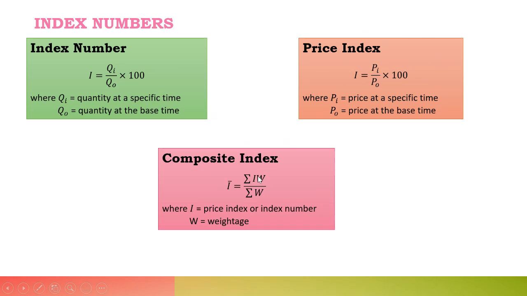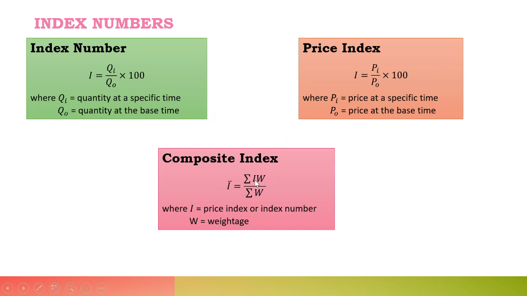And your weightage here can be values, just any number, or it can be in percentage. But if it's given in percentage, remember, when you total up the percentage, it is always 100%. So weightage can be given in percentage or just a value.